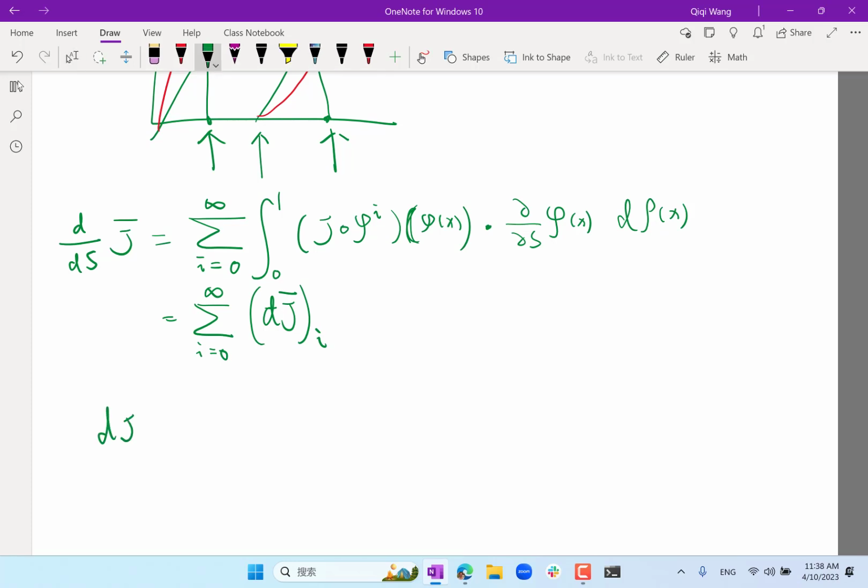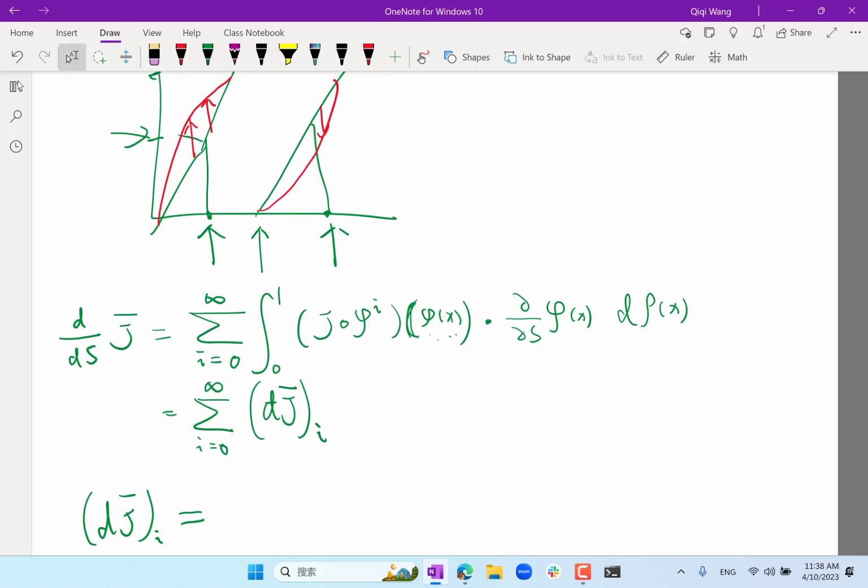So dj bar i, the ith component in the infinite series, can be written in two parts. Here we are taking a divide and conquer strategy. When you think about integrating x from 0 to 1, how does the independent variable of this function change?